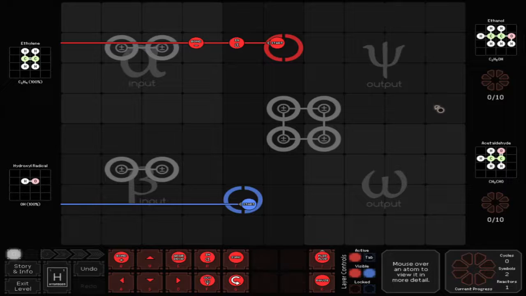Let me think. I also don't need the oxygen to point up. I could have it pointing to the side. I really wasn't joking when I said that Flidais' research levels were tricky.